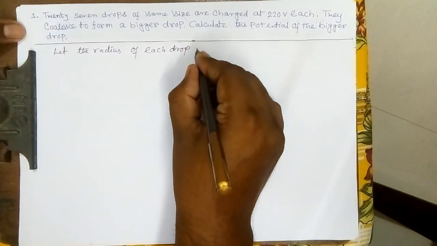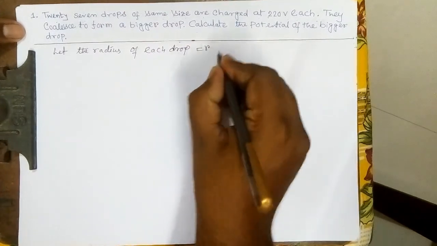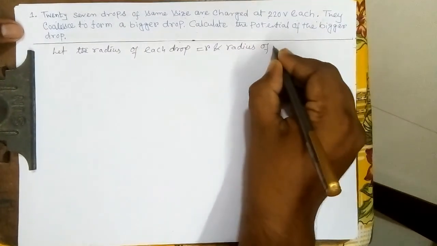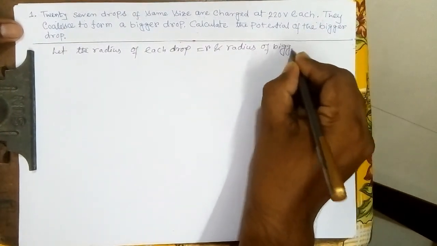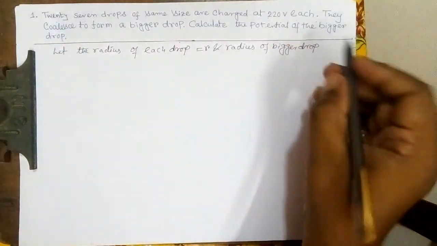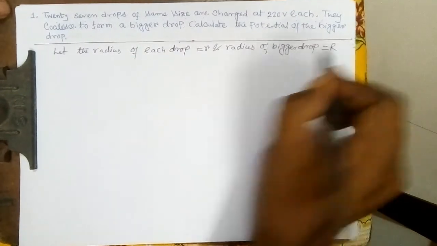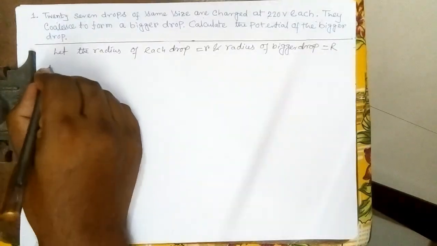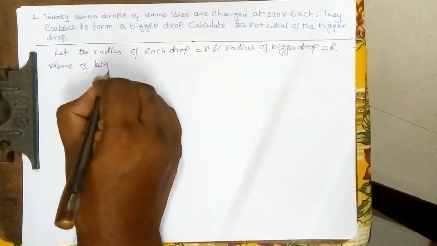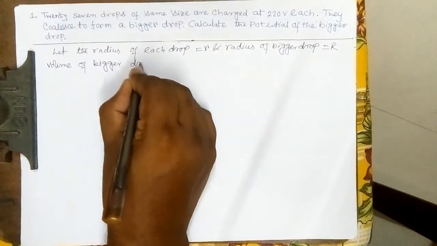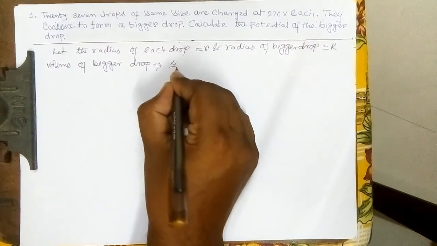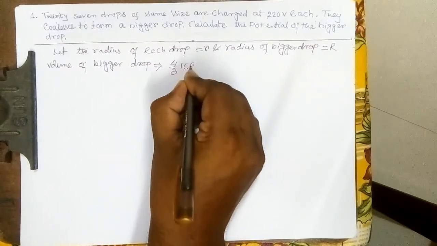And the radius of the bigger drop, formed by coalescing, is capital R. Okay, so now we have to find the volume of the bigger drop. What should be the volume of the bigger drop? We all know that it is 4/3 pi R cube.